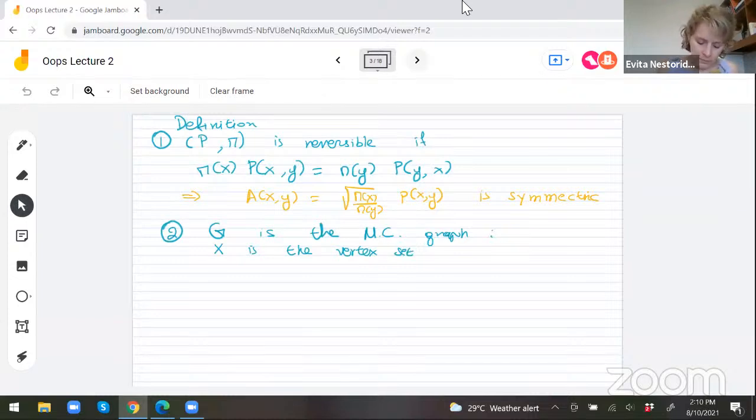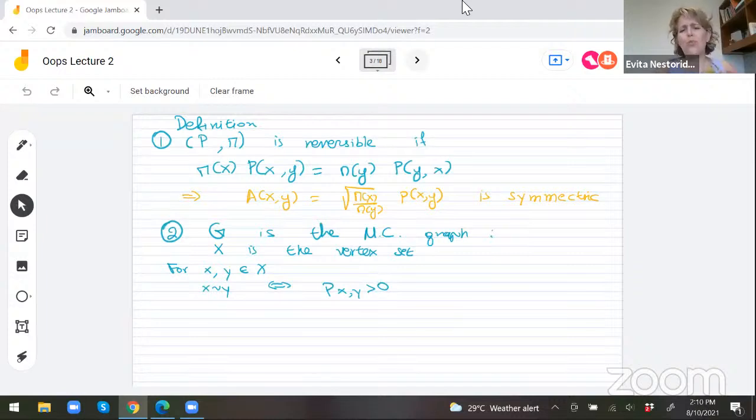And two nodes will be linked, so they form an edge, if and only if the probability of going from x to y, P(x,y), is positive.